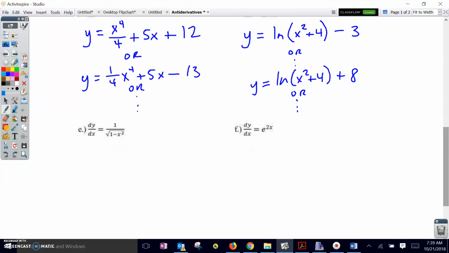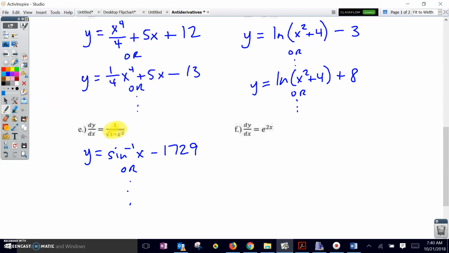So any constant that you came up with would be fine there. Alright, part E, dy dx equals 1 over the square root of 1 minus x squared. Hopefully you recognize this as one of our rules for inverse trigonometric functions. This is the derivative of the arc sine. And so y equals arc sine of x minus 1,729, or any constant on the end there.